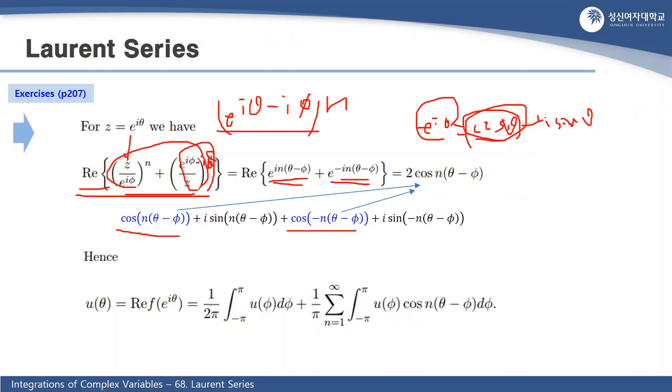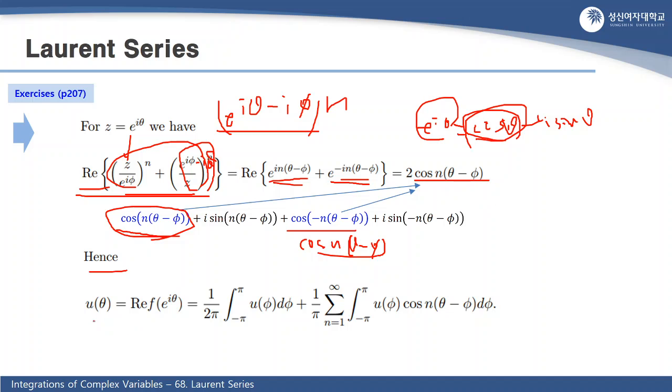Because cosine is an even function, this is exactly the same, just cosine of n times (theta minus phi). So we have two of them, so the result is 2 times cosine of n times (theta minus phi) here.